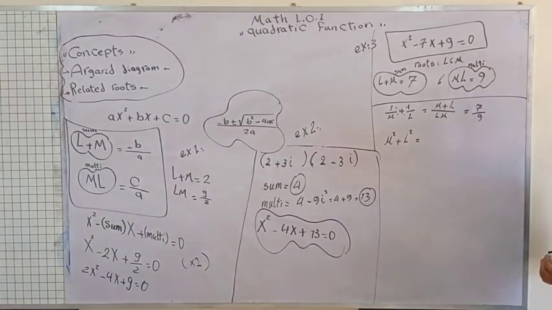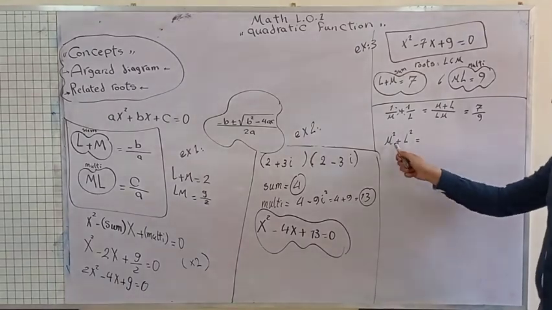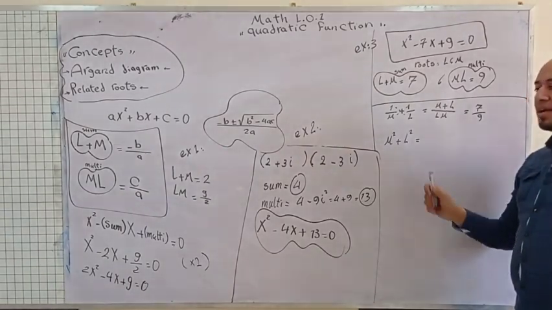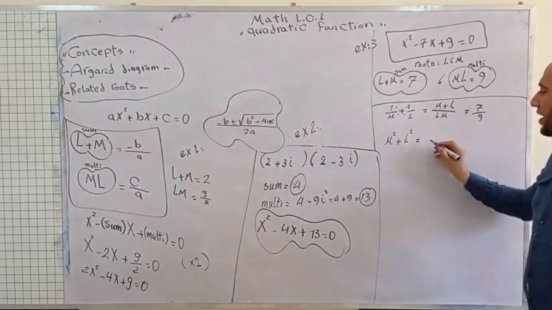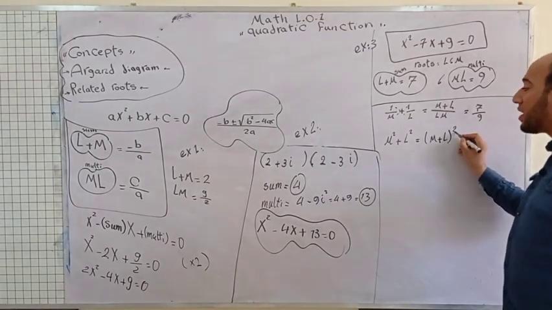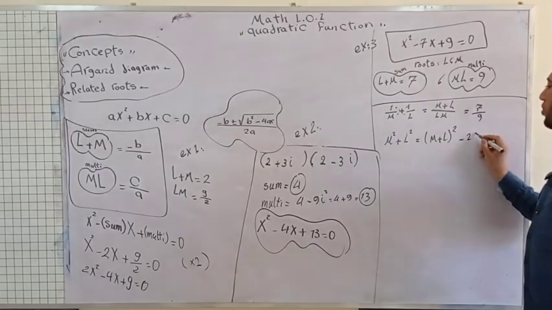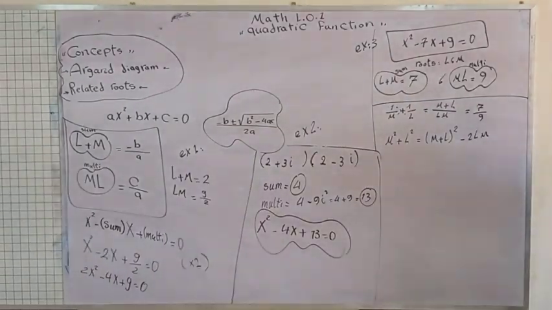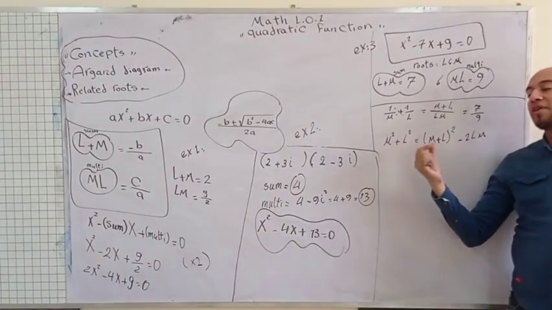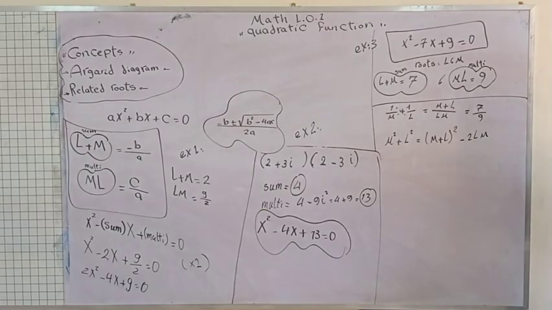We will make a law for this value. M square plus L square equals M plus L all square minus 2LM.